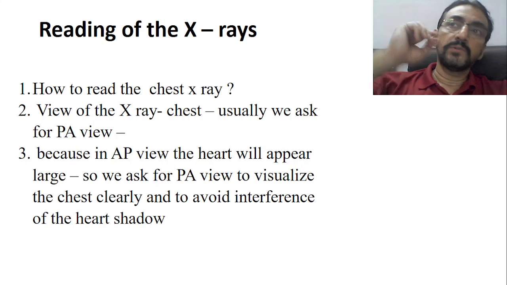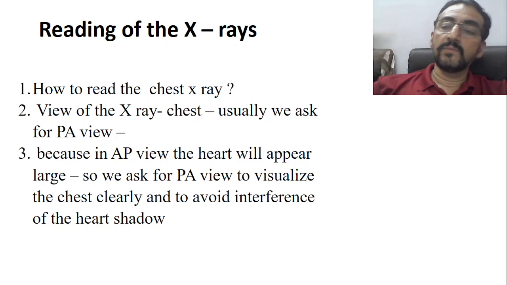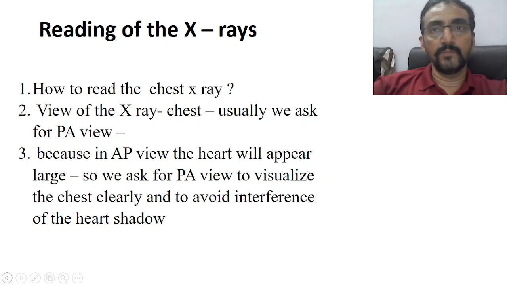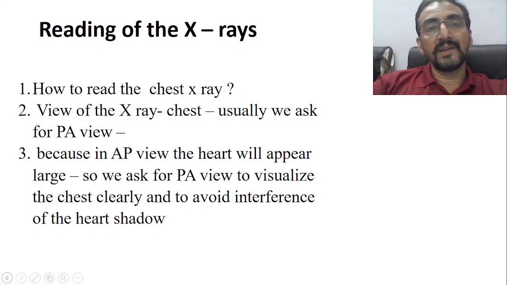But when you talk about the chest X-rays, most of the time or always we will go for PA view, posterior anterior view. That means the X-ray rays are passed through the body from the posterior side to the anterior side.